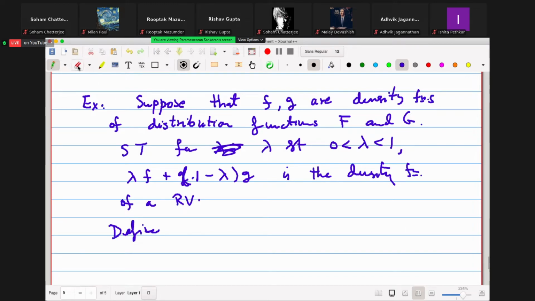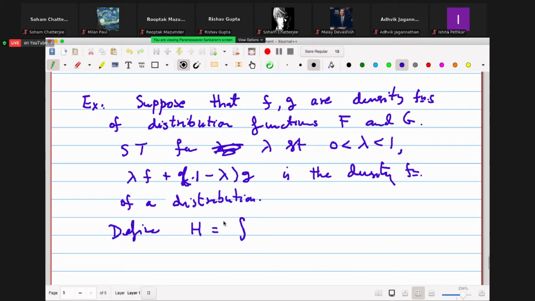Instead of saying a random variable, just say of a distribution, that's enough for us. So you define the most natural thing and then check that this is indeed a distribution function.